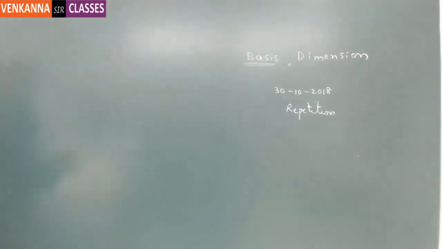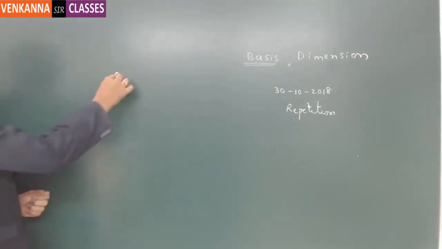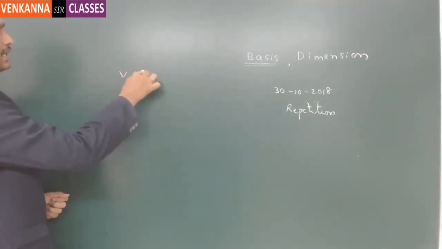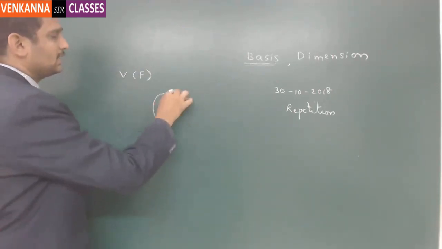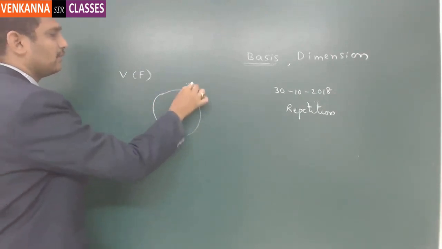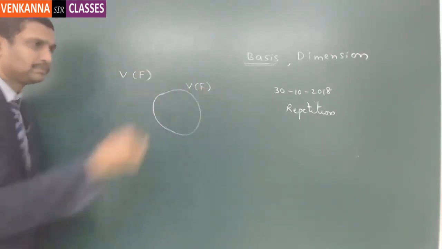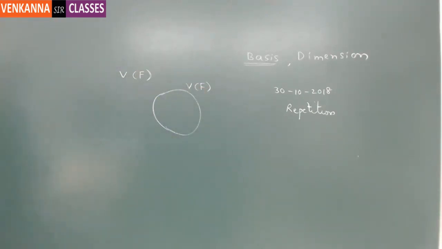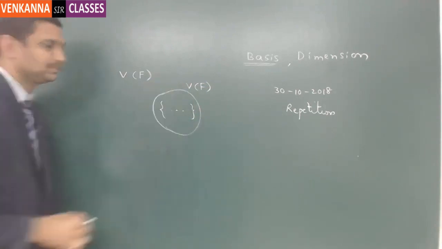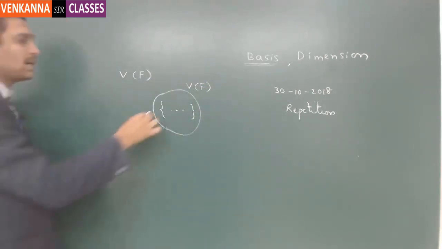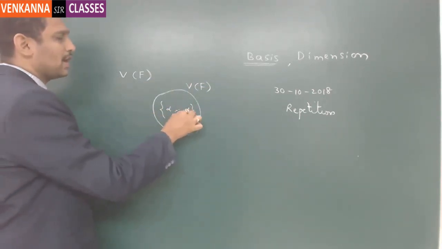Now, before that, whenever we consider a vector space V of F, in this vector space, let us take a set of vectors, say alpha 1, alpha 2, so on, alpha n.